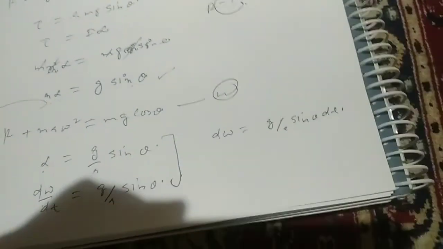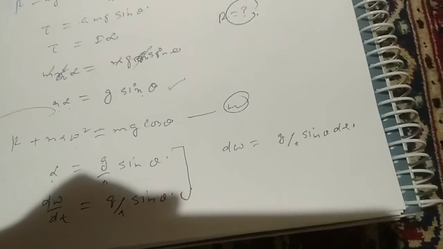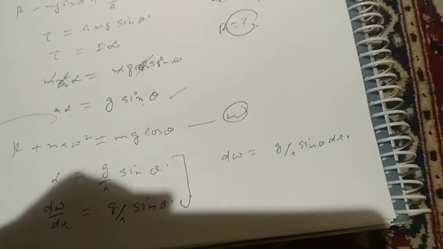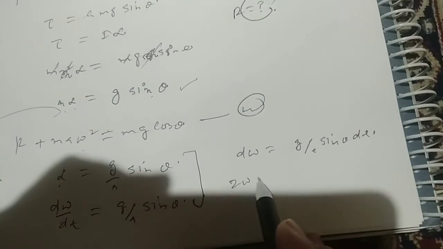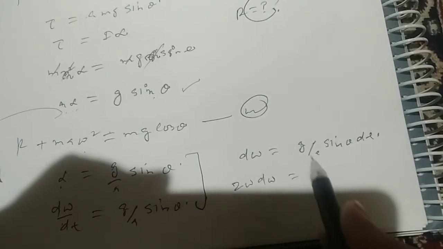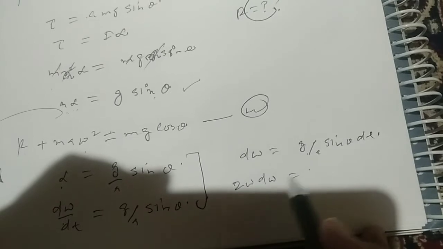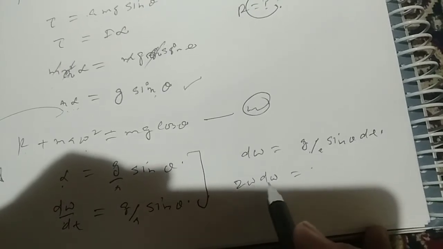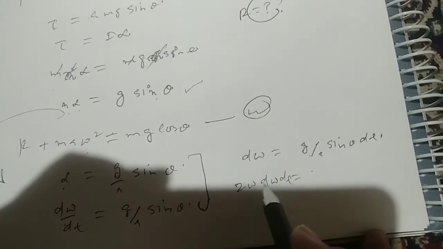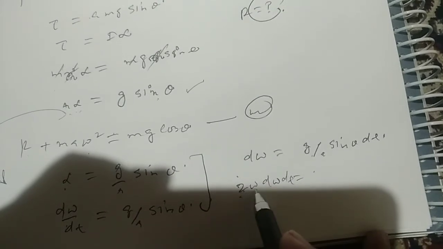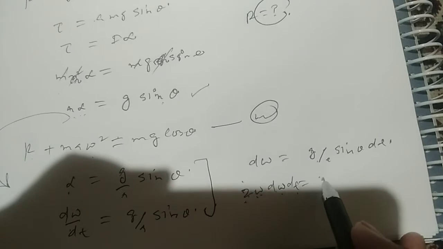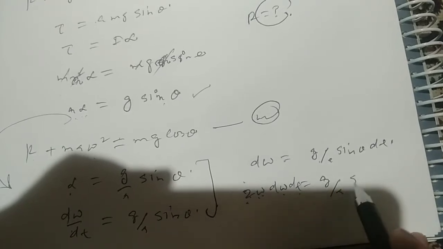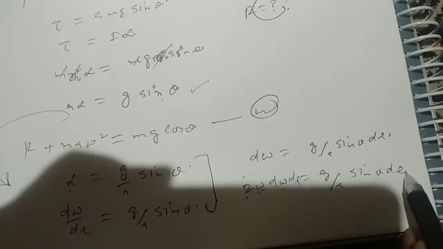Now here I will do one more thing: I will multiply this equation by 2 omega. Here it will be 2 omega d omega dt. I just multiply this equation on both sides by 2 omega dt. Here I will have g by a sine theta dt.